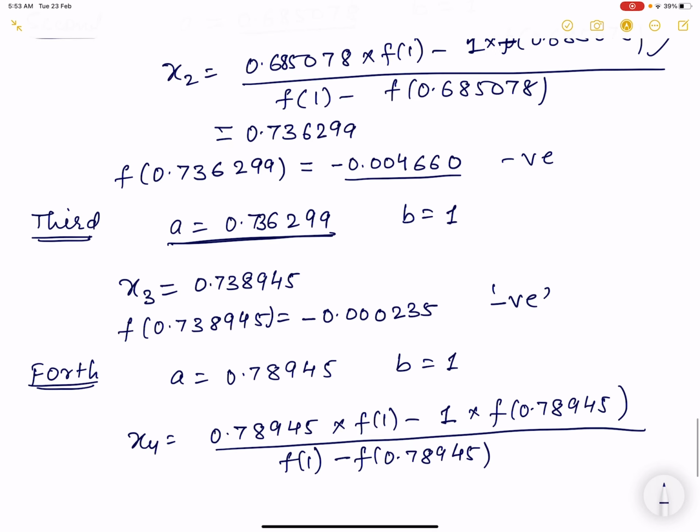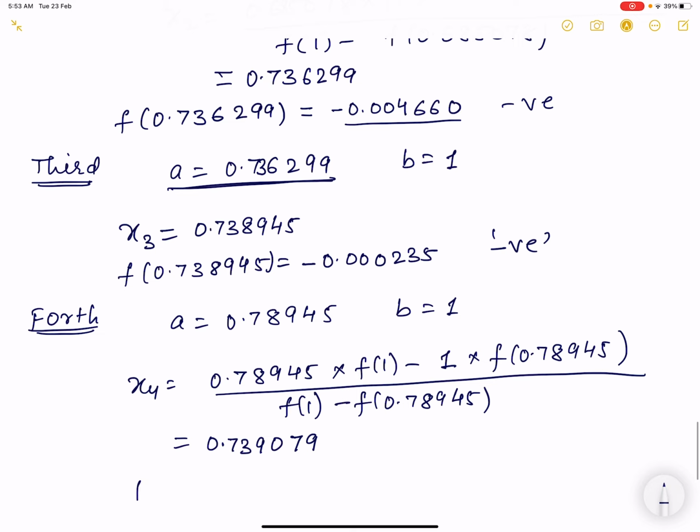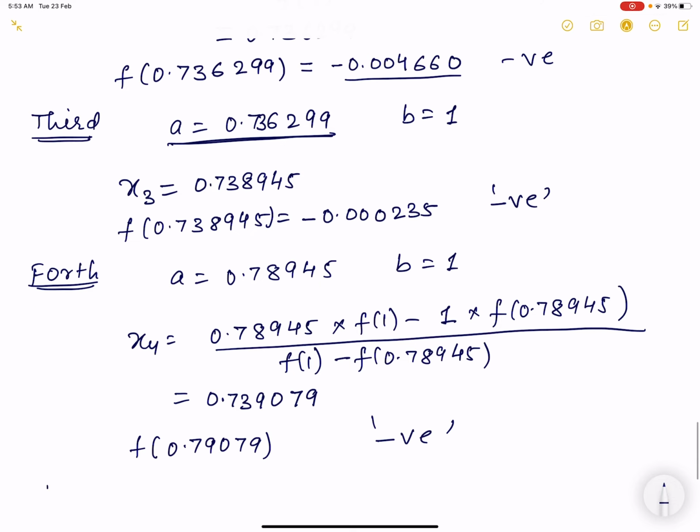When we calculate this, the value will come out to be 0.739079. And when we find the value of the function at this point, 0.739079, this will again come out to be negative, and in the fifth iteration, we are going to change this negative end.